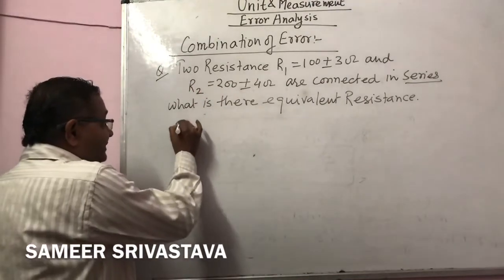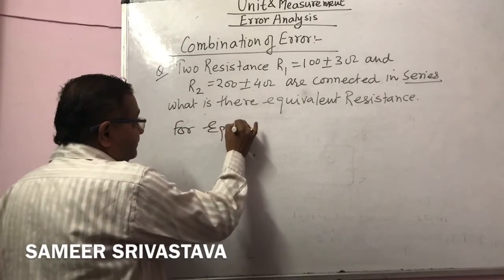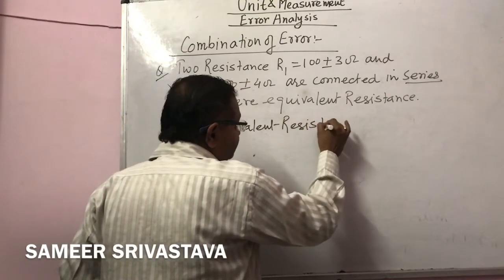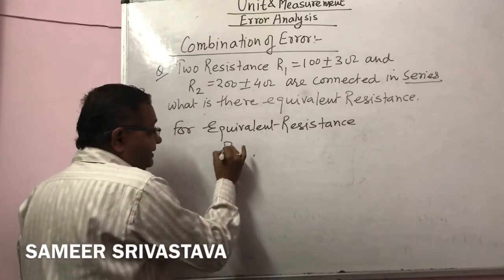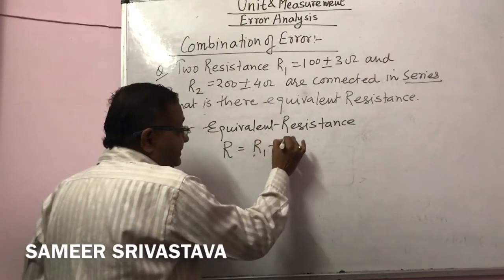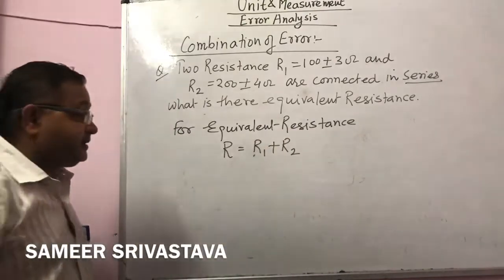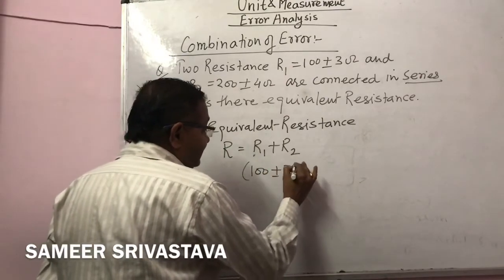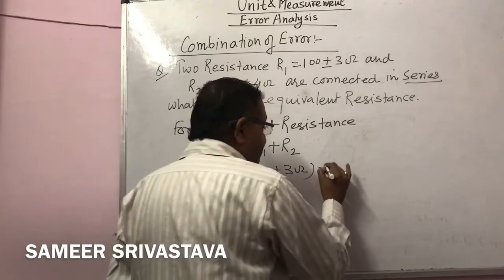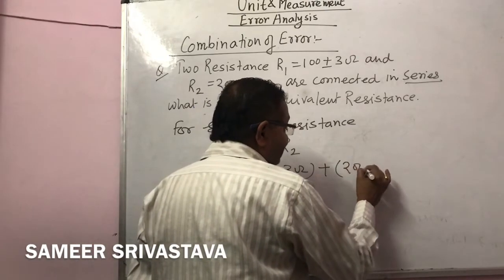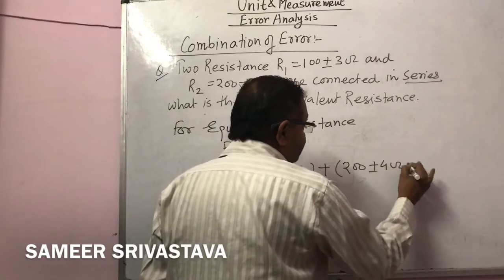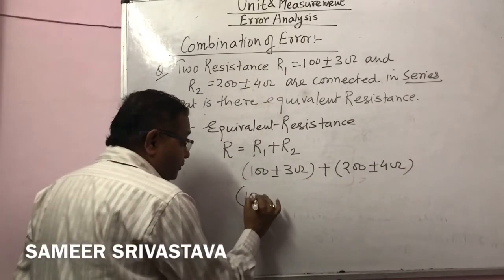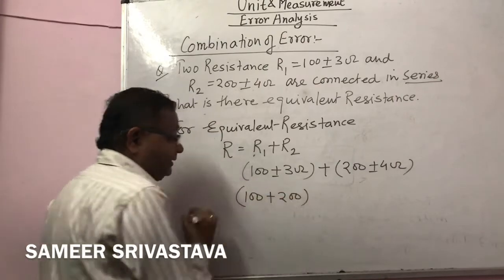Now for equivalent resistance, if I say the equivalent resistance is R, then in the case of series, we have to add these two resistances. Now put their expressions. For R1, 100 plus minus 3 ohm, plus for R2, 200 plus minus 4 ohm. These are absolute values, so you take 100 plus 200.